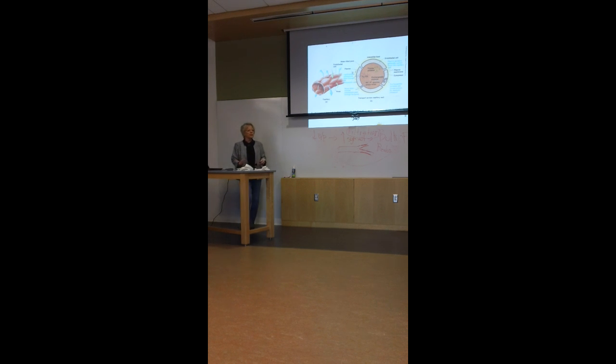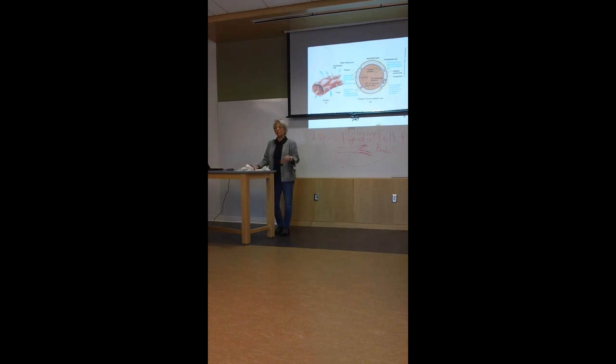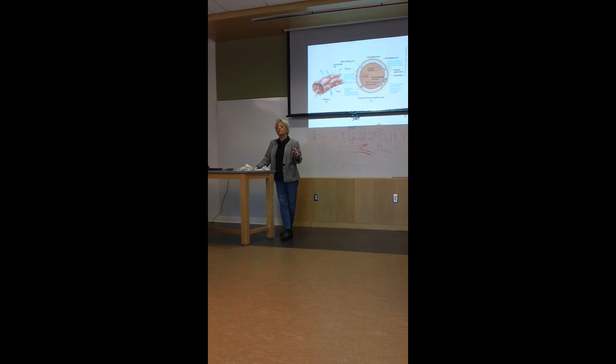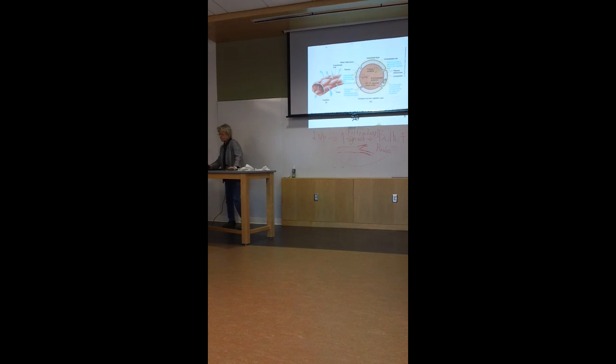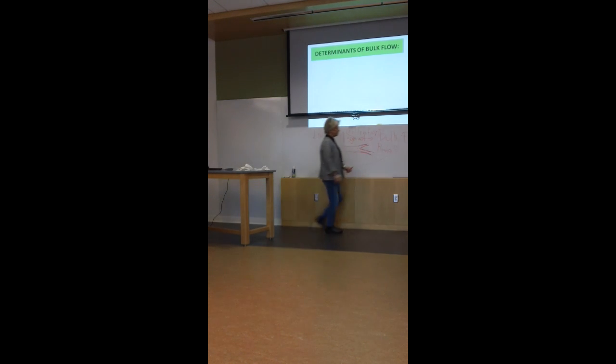So in other words, we have mechanisms to regulate the composition of the blood directly, but because of this bulk flow, aren't we regulating the composition of the interstitial fluid also? All right, so we're talking about bulk flow. Now we're going to talk about what determines bulk flow, and there's going to be several things important here.